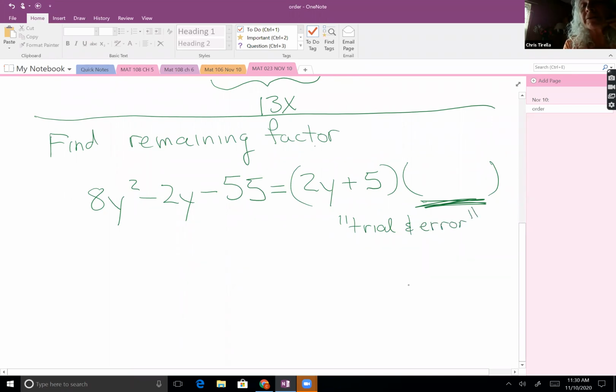But some of my guessing has been taken care of already. You know how we usually look for something that multiplies to give us 8y squared? Well, if we know that one factor is 2y, we don't have too much of a choice for this other factor, do we? Doesn't that other factor, in order to give me 8y squared, have to be 4y?